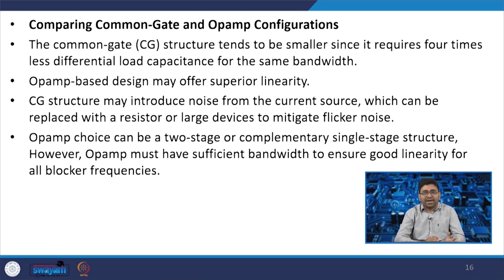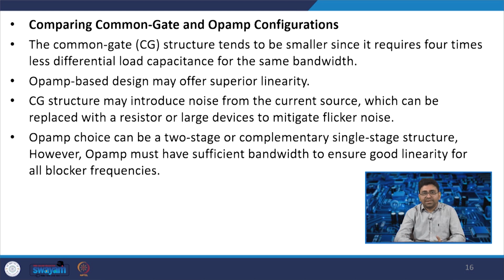So, on one side the common gate configuration is advantageous, on the other side the op amp based design may offer superior linearity. The common gate structure may introduce noise from the current source, which can be replaced with a resistor and a large device to mitigate the flicker noise. So, the common gate structure will have a noise implication also, and the op amp choice can be a 2 stage or complement single stage structure.